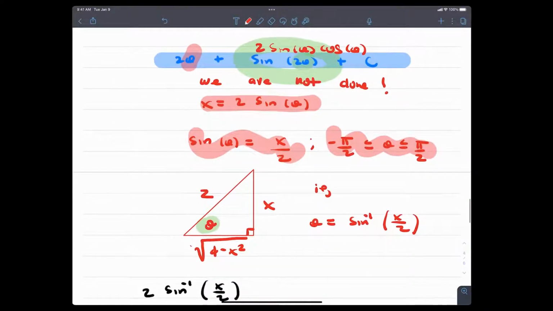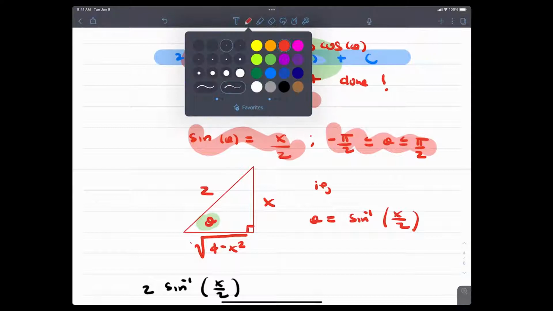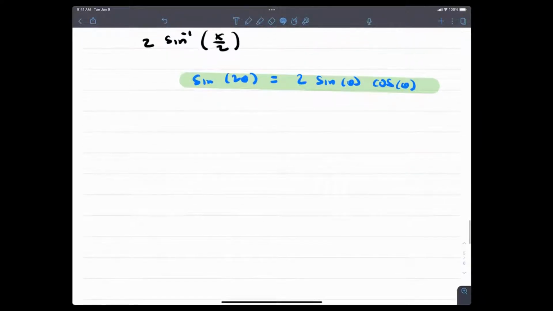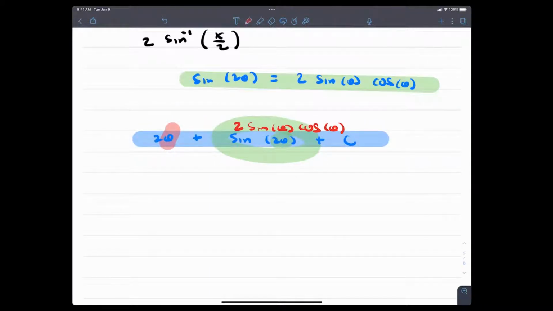What are we trying to do here? Let's go back so people can understand that. Let me copy this. There's a lot going on there. You use an identity. Remember this? Does anybody remember what sine theta was anyway?